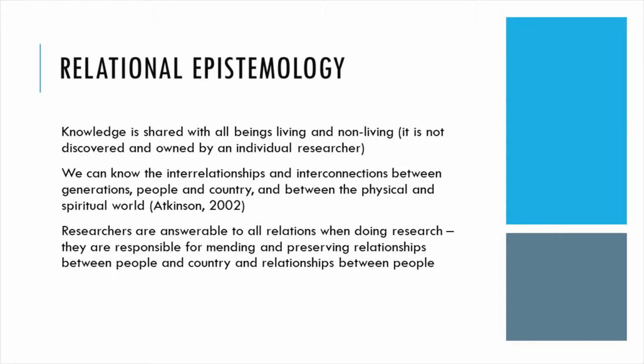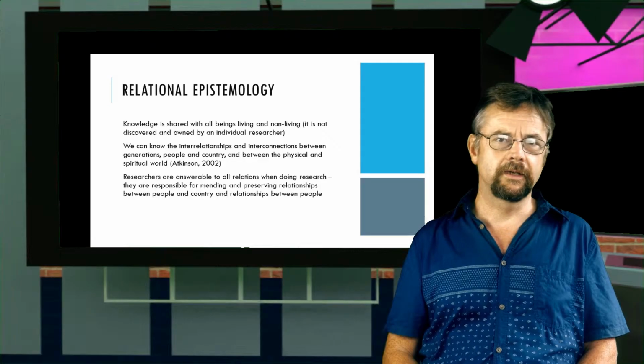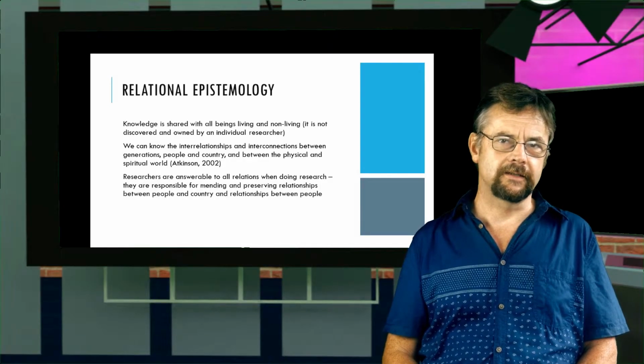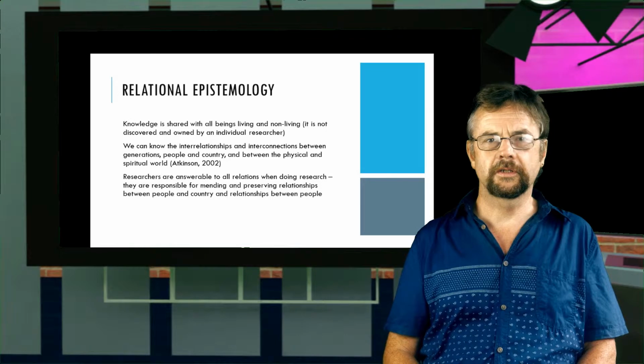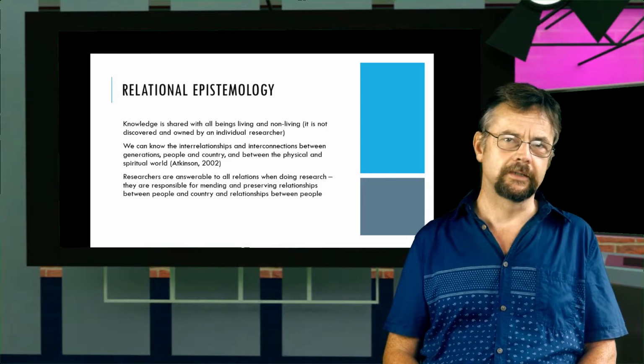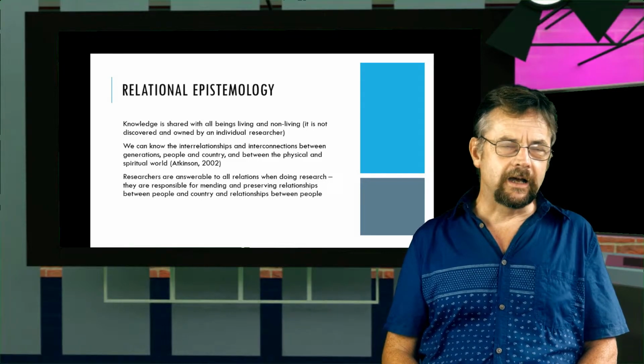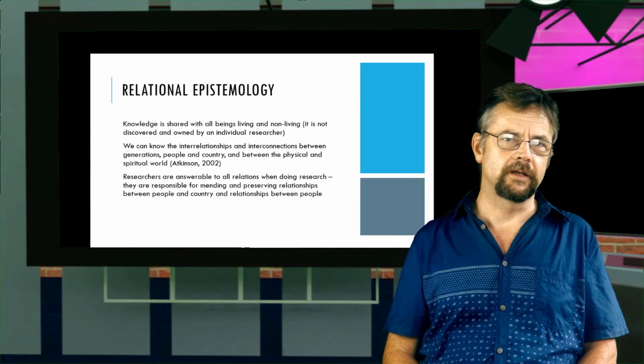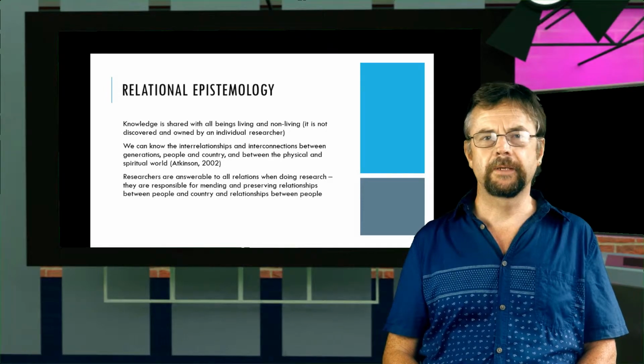In a relational epistemology, knowledge is also shared with the non-living. So knowledge is never discovered or owned by a researcher and their participant. Knowledge is a product of relations with the living, but also with ancestors, and of the relationship between people, the land, and the spiritual world.